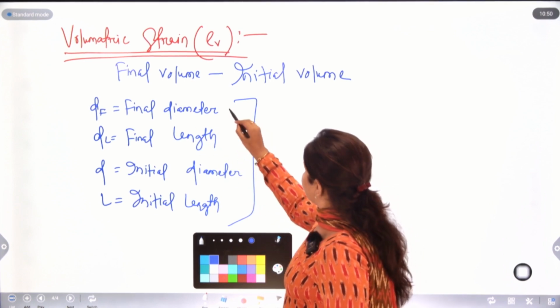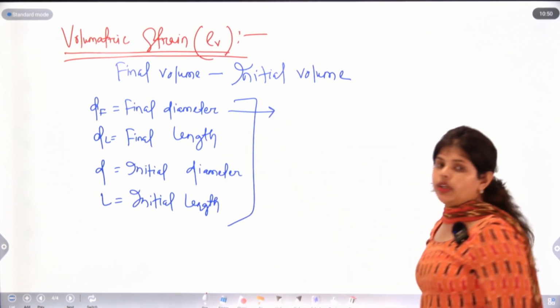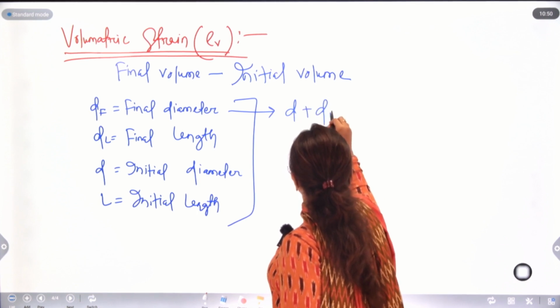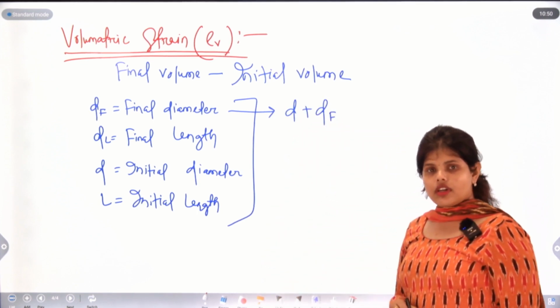So our final diameter will be, we can write, D plus del D, right?